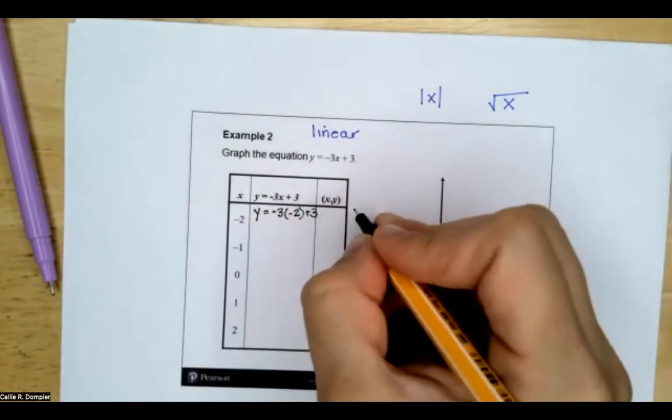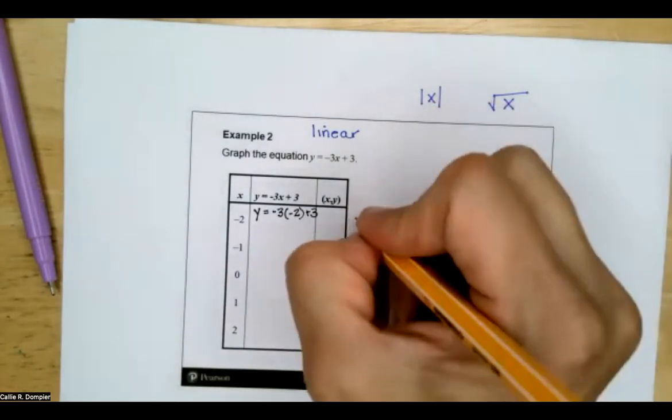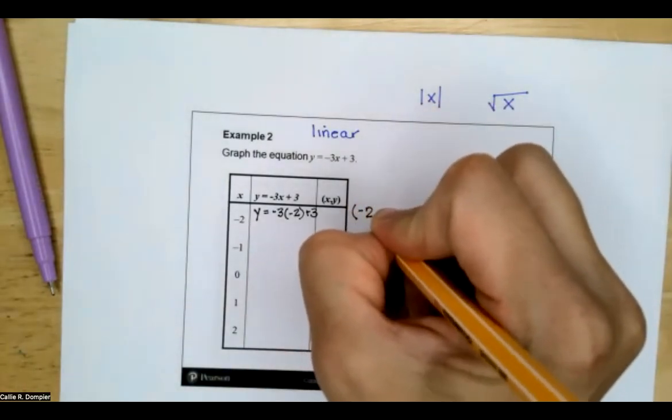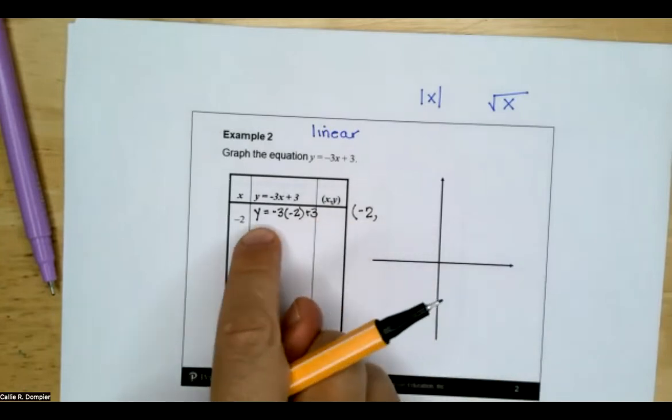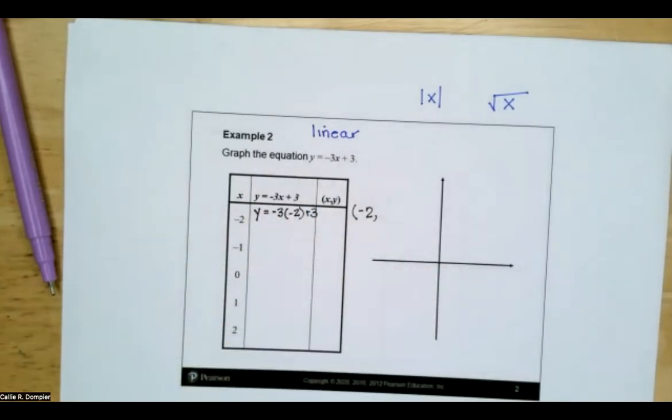And when I solve that, I'll get a y, and that's the second half of my point. The first half of my point is going to be -2 something. And then my y value I find by plugging in -2, outputting the y. That's why we call the x the input, the y the output. The x is the domain, the y is the range.